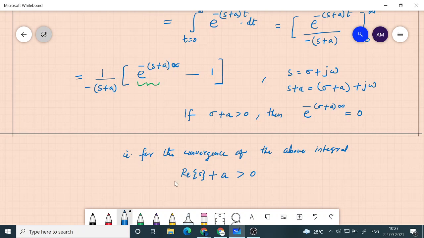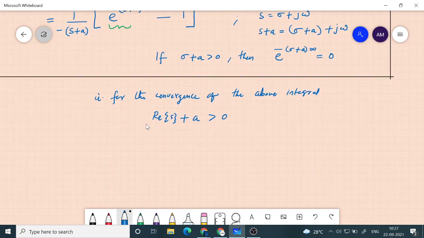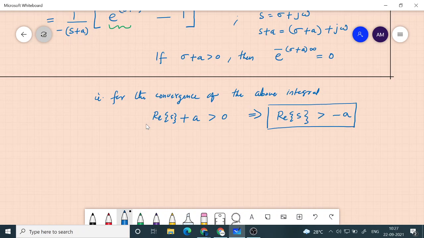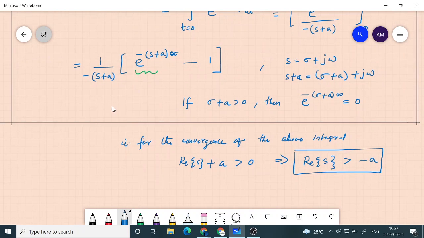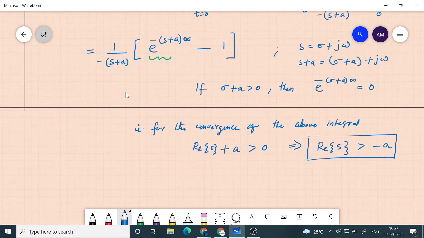Or I can say this in terms of real part of s: real part of s should be greater than minus a. Under this condition only I can evaluate this integral.